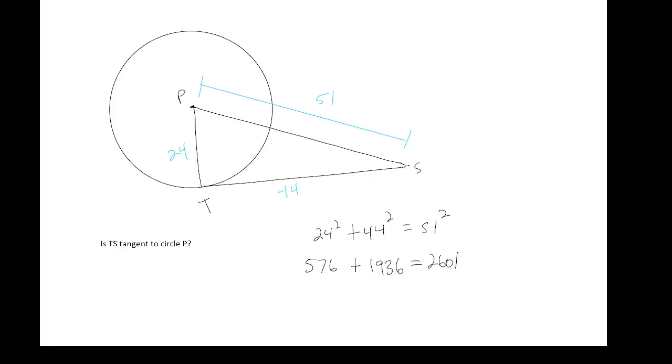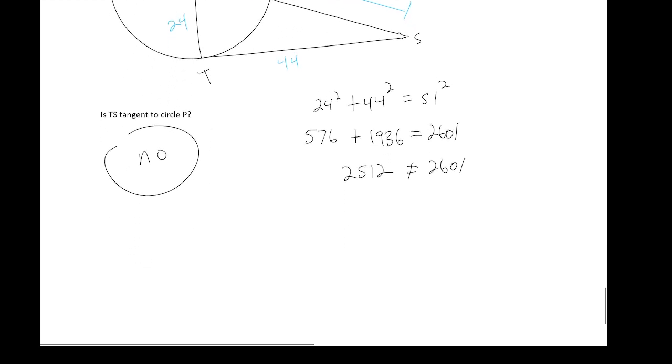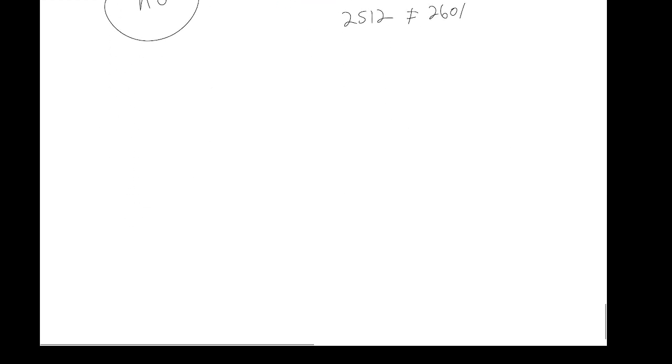I'm going to add these, and you can already see it in the ones place, this ain't going to work out. 2512 is not 2601. We were in the ballpark, it's pretty close, but no, this isn't tangent. It's just one of those things, oh, it looks like it. Well, no, you actually have to test the dimensions and see if it works. Okay? Let's do another one.